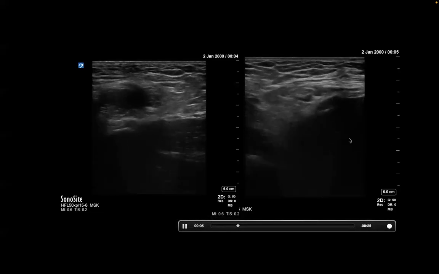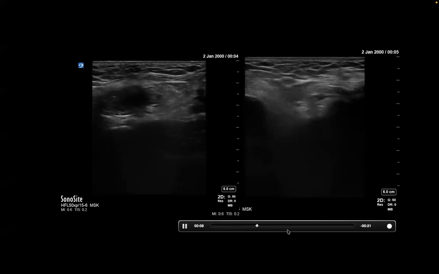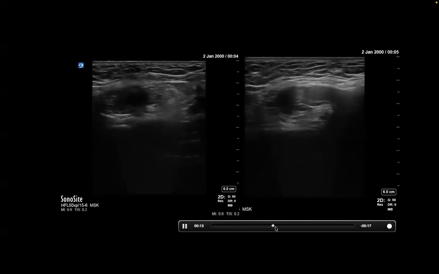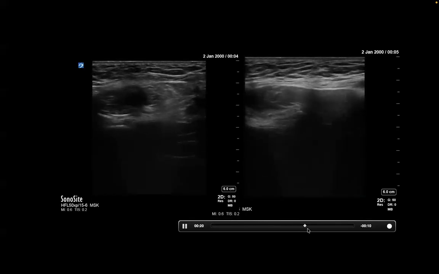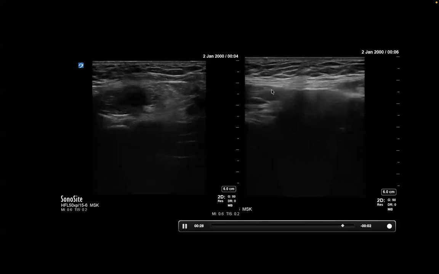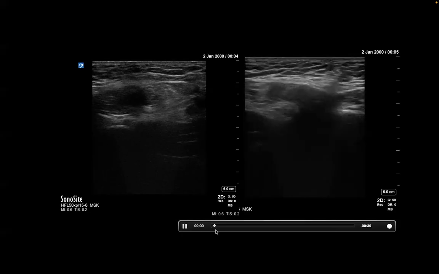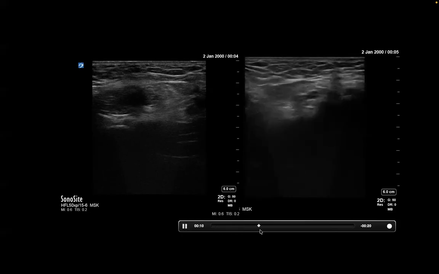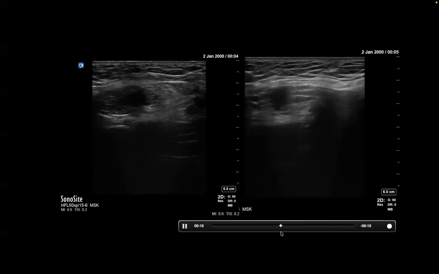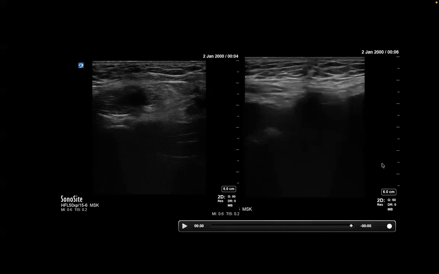And over here on the clip to the right, as the clip moves, you can see this hernia bulging out into the skin, and it is through the peritoneal line, which is this white line over here. And so on this clip here, you can see that there is a presence of a hernia on this patient.